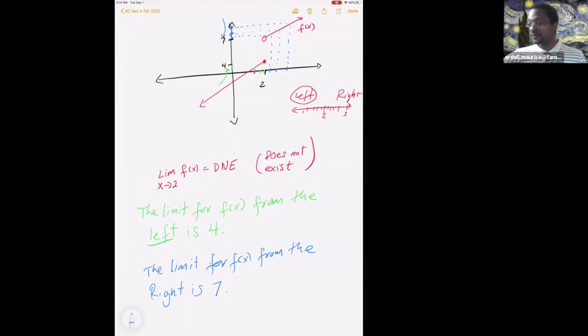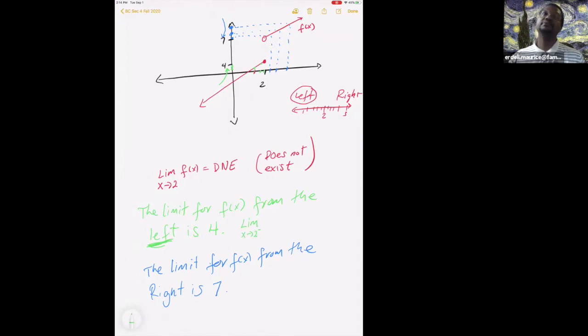Of course, we are mathematicians and we don't like writing all of this English. Remember, the whole point of this notation was to prevent us from writing out all of this English. So there is a way to write this in a nice compact form. For the first one, the limit from the left, we write the limit as x approaches 2, and then put a minus sign after the 2.